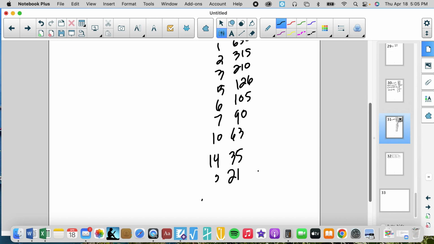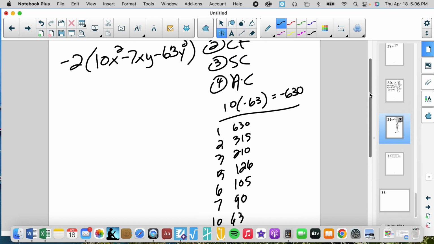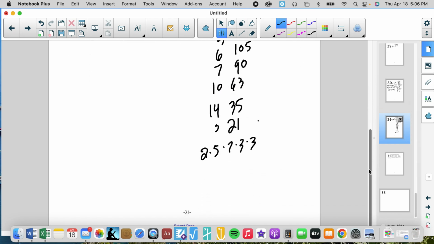My brain is... so 2 times 5 times 7 times 3 times 3. Those are the prime factors, so can we get two numbers that are 7 apart from each other? That's 10, that's 9, no, that didn't work.